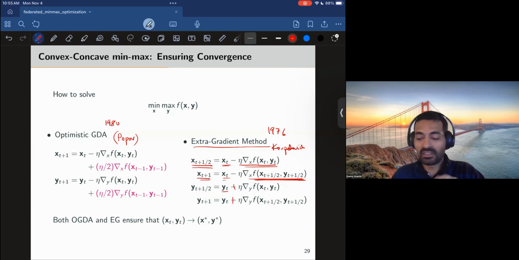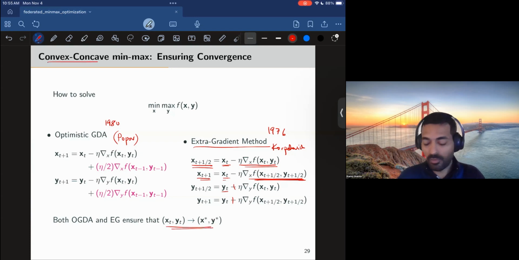Right. This is slightly weird when you look at it for the first time, but it has some theoretical justification. So yeah, this is the extra gradient method. And both these methods, optimistic GDA and extra gradient method, ensure that for convex concave problems, you do indeed converge to the saddle point.